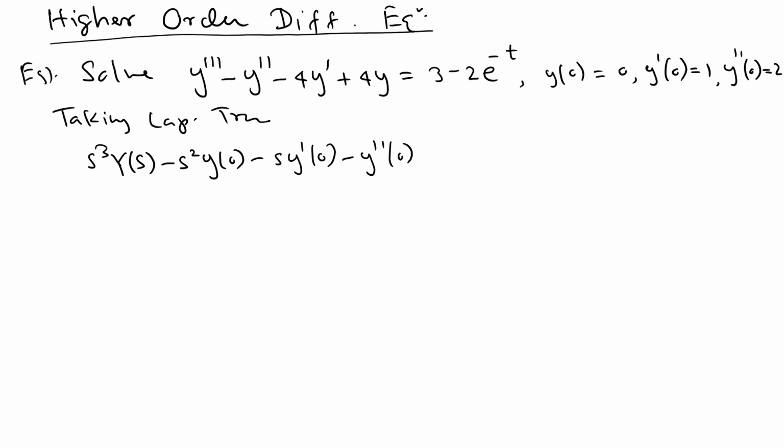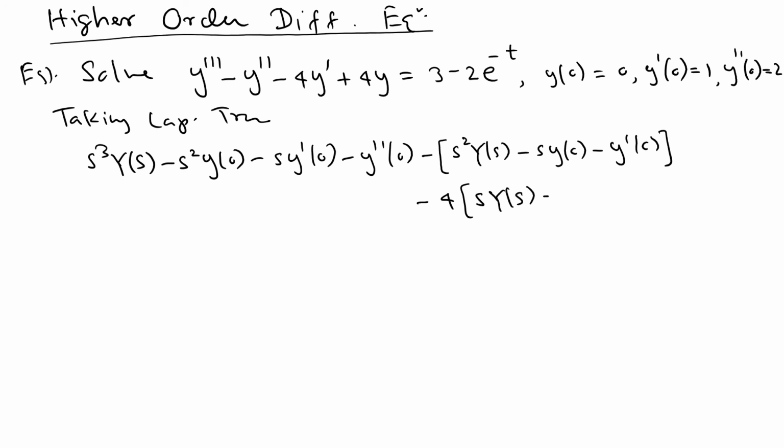Okay, so there are a lot of terms, all negative, remember, and then minus s squared Y(s) minus s y(0) minus y prime(0), and then we have negative 4.